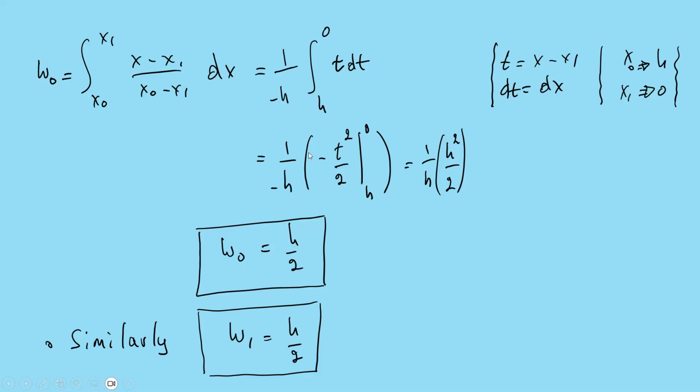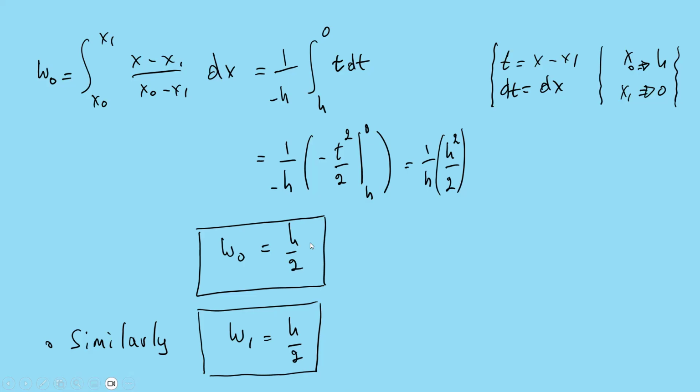When we do this substitution and simplify the integral, we can find the values of w0 and w1. As you can see, the value is half of h, or half of the step size.